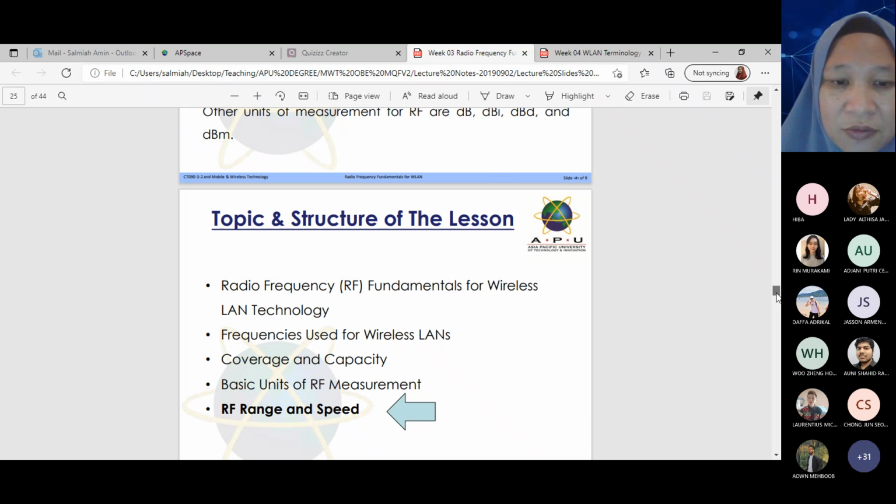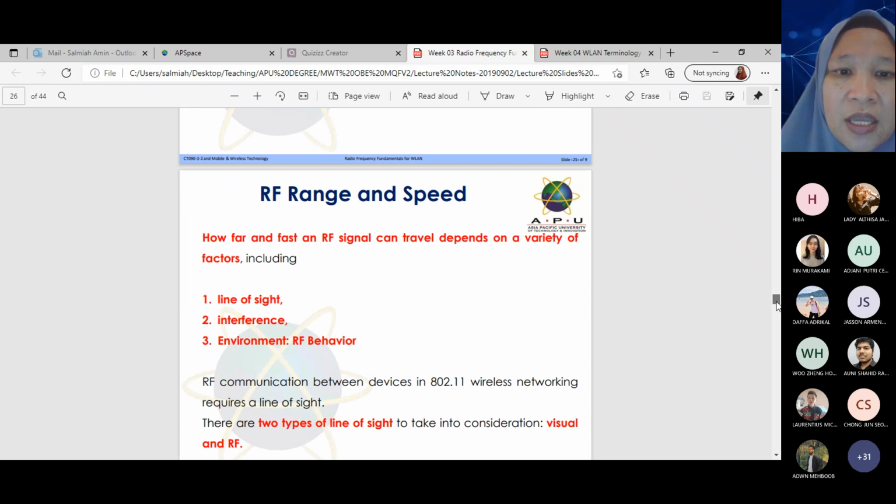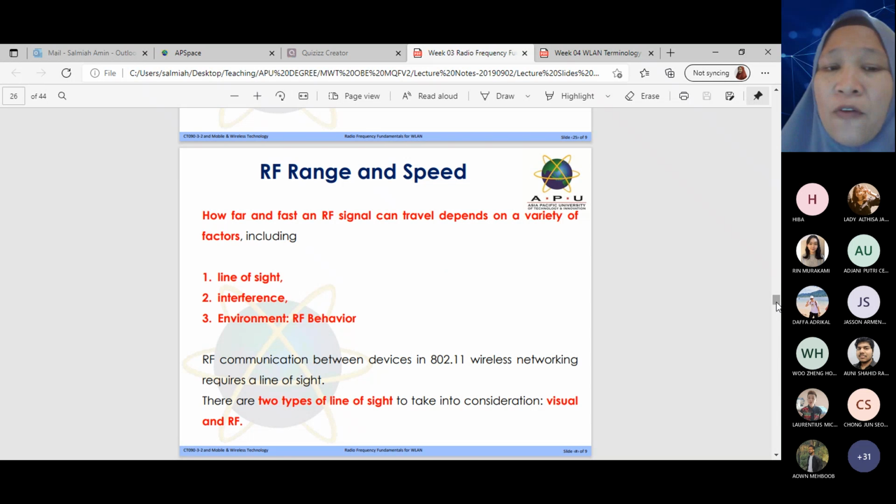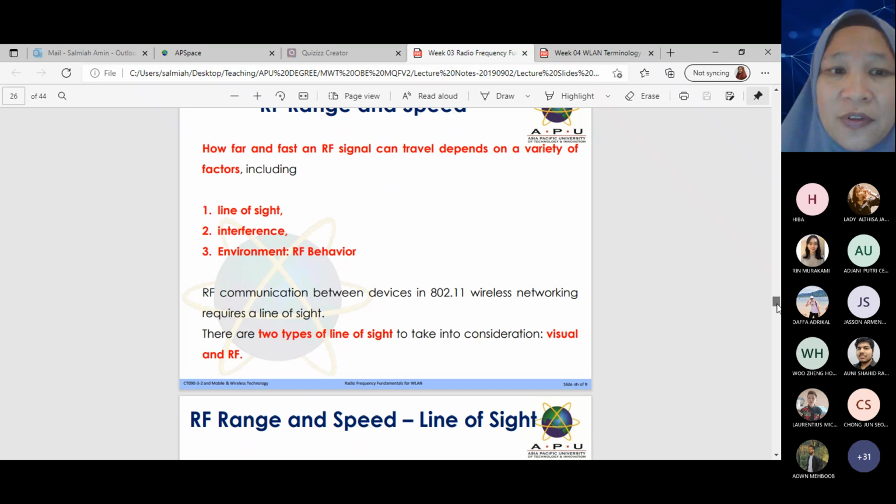For radio frequency, range, and speed, you need to understand how far and how fast it is. Radio frequency can travel from one point to another point, and of course it is affected by different factors.